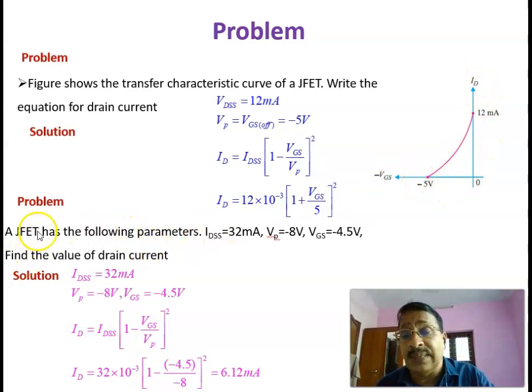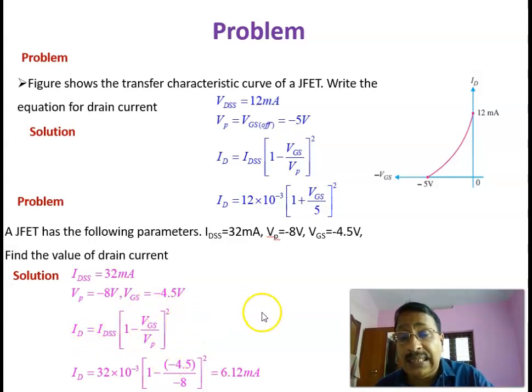Second question: a JFET has the following parameters, IDSS equal to 32 milliamperes, VP equal to -8 volt, and VGS equal to -4.5 volt. The question is to find the drain current. The drain current can be found using the Shockley's equation, ID equal to IDSS into 1 minus VGS divided by VP, whole square.